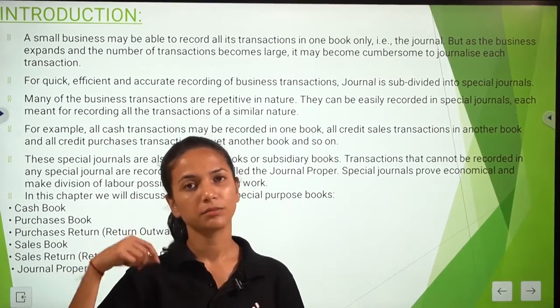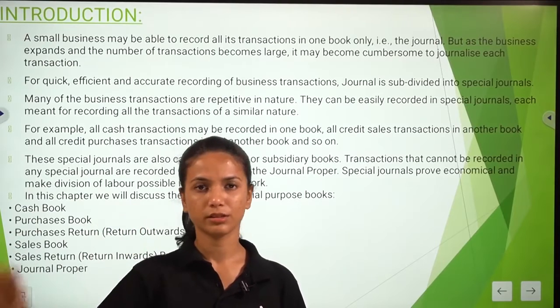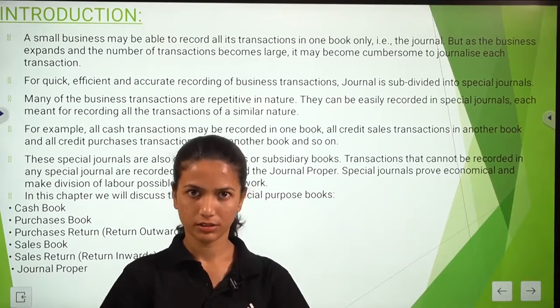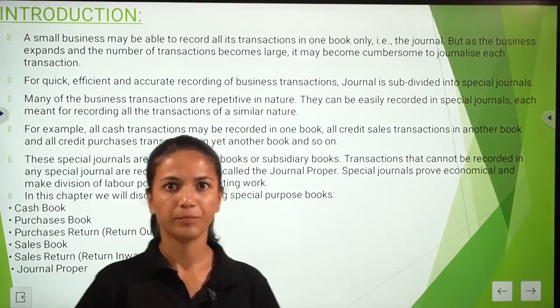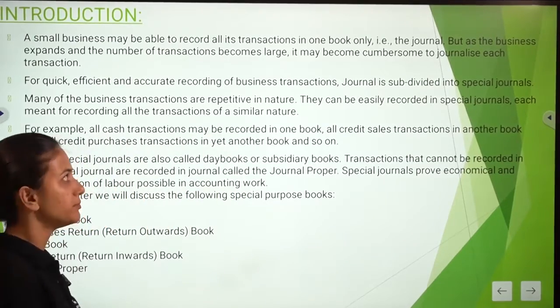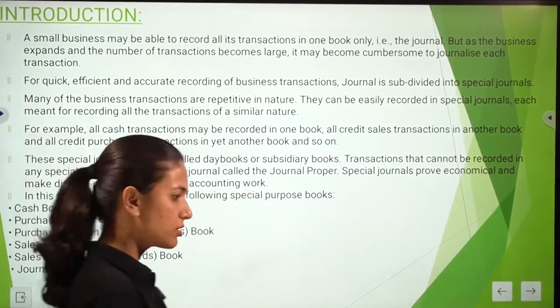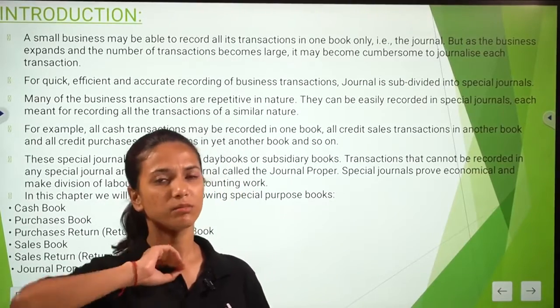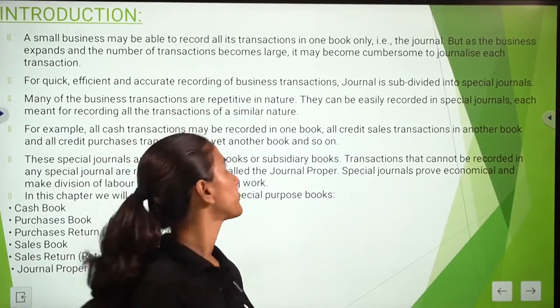So each and every branch might be having 200 transactions per day. So if you total it, how many transactions are there? It's not possible to journalize all of them, and even if it is possible, it consumes lots of time.